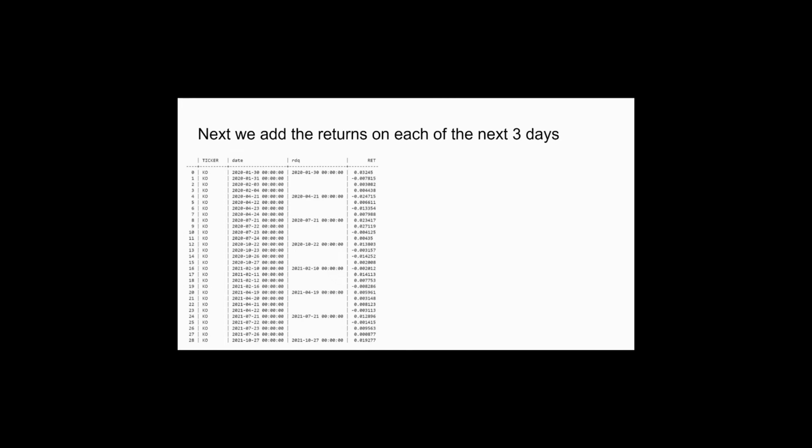Why do we merge on RDQ and not this? Well, the answer is because the RDQ came from CompuStat. Each row in CompuStat has an RDQ variable, and it also has a ticker. So this is a one-to-one match between ticker and RDQ in this table and ticker and RDQ in CompuStat. That's why we merge on ticker and RDQ.